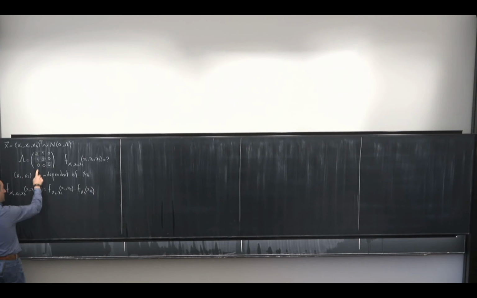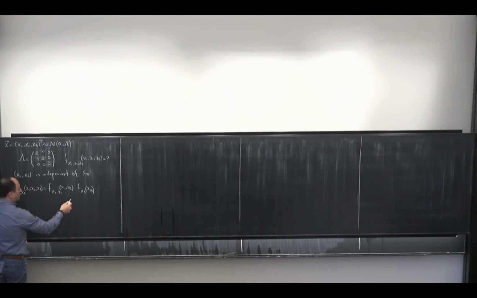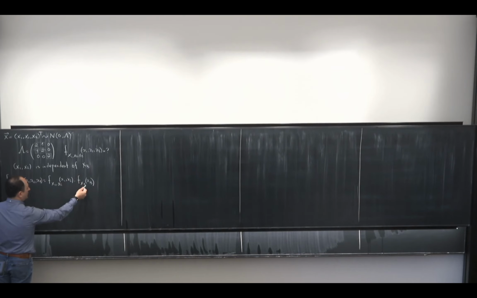This is because of this structure. But you know that if this is normally distributed, each marginal probability distribution is also normal. That's mainly the first definition. So I have to calculate this and I have to calculate this.